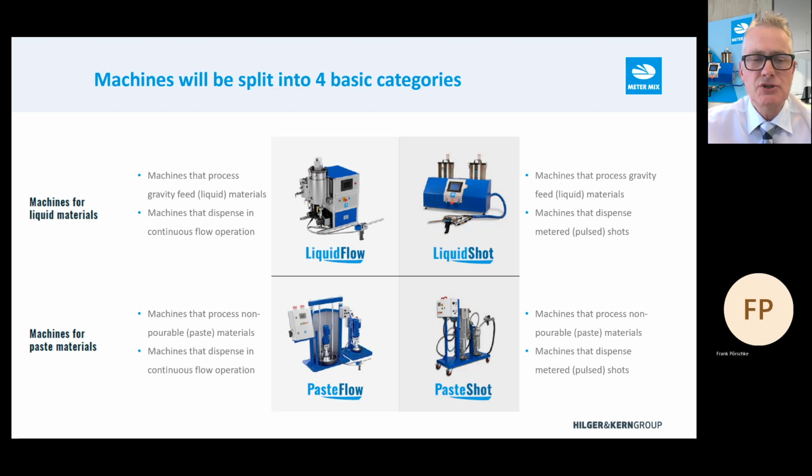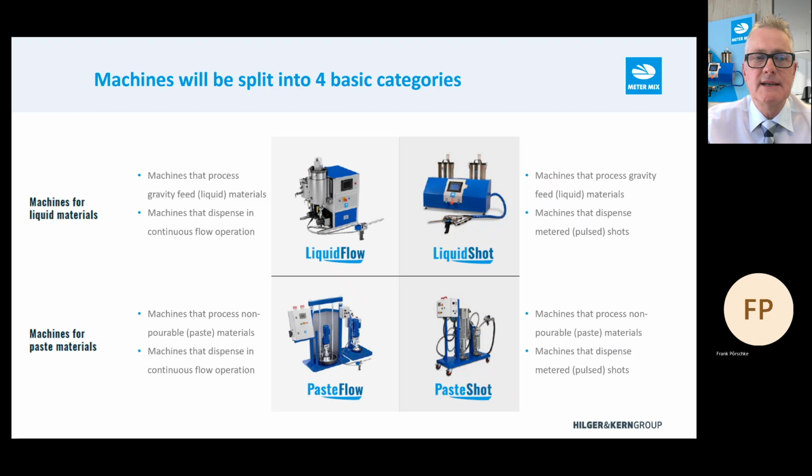So in order to make the product range easier to understand, not only for our distributors and for our customers, we decided to split them into 4 basic categories. These categories have been split, as you can see on the slide.